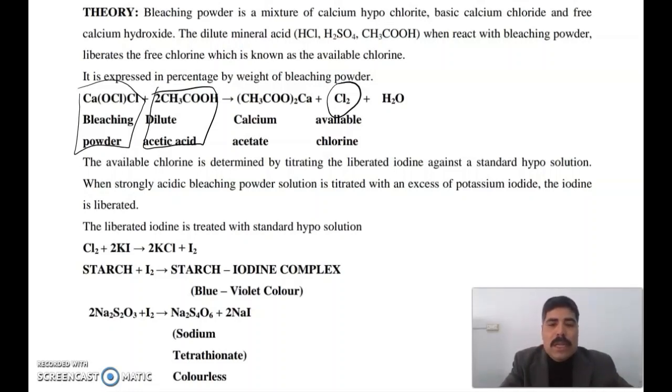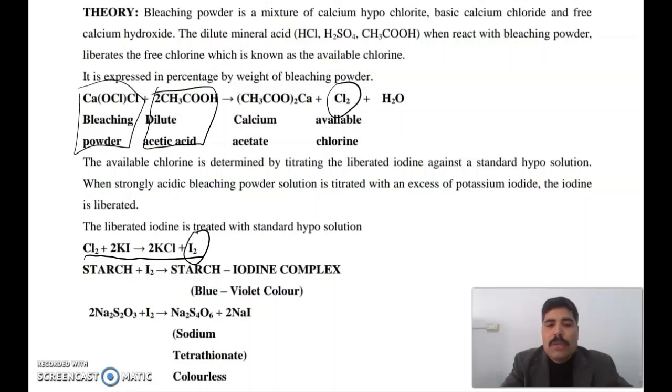In this titration, the available chlorine reacts with KI, which results in the formation of a yellowish brown colored solution with the release of iodine. See, this is the reaction. This yellowish brown solution is titrated against N/25 sodium thiosulfate solution till a pale yellow color appears.